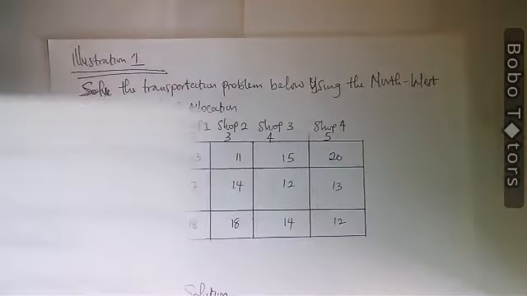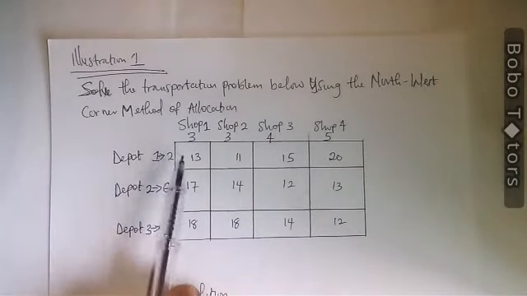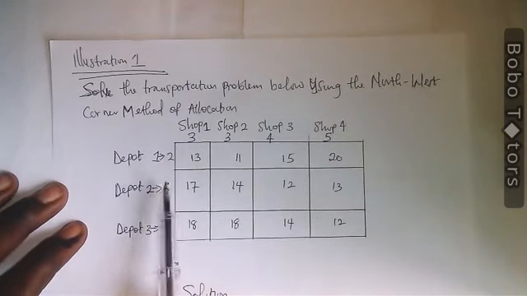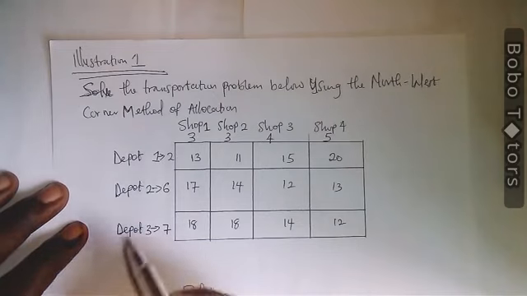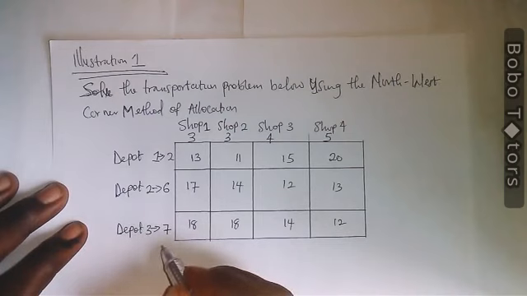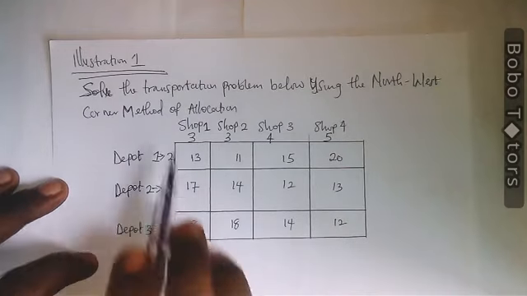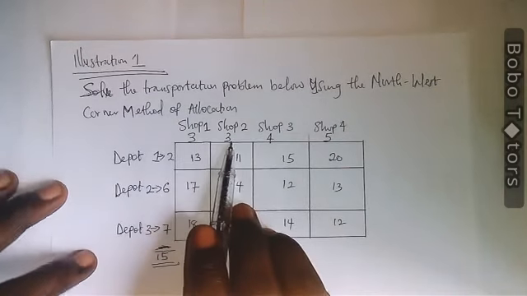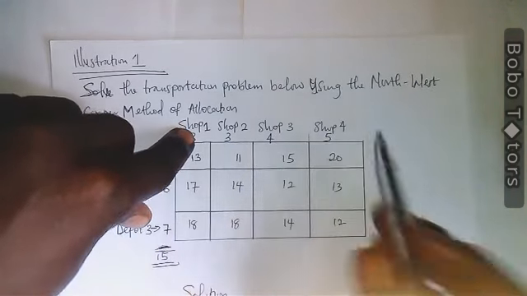So let's check whether our supply is equal to demand. This is my supply: 2 plus 6 plus 7, that should be 15. Here, 3 plus 3, that's 6, plus 4, 10, plus 5, that's 15.